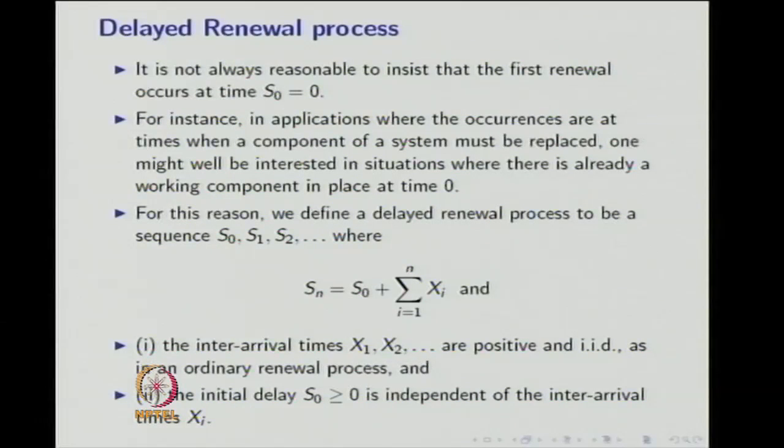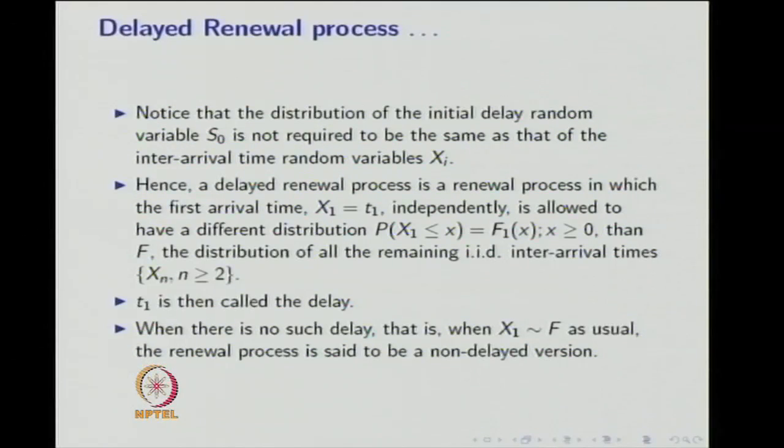And the initial delay S0, which is greater than or equal to 0, is independent of the inter-arrival times Xi's. Notice that the distribution of the initial delay random variable is not required to be the same as that of the inter-arrival time random variables Xi's.